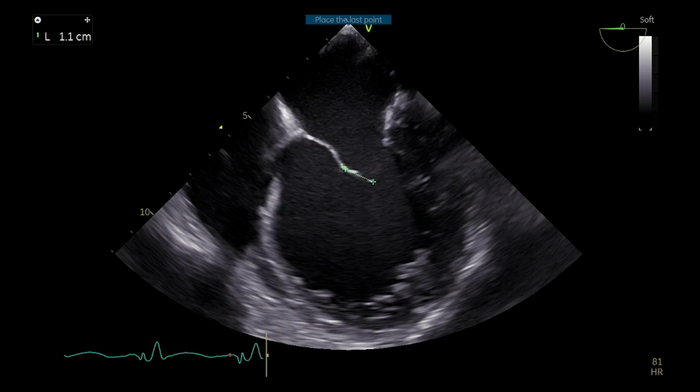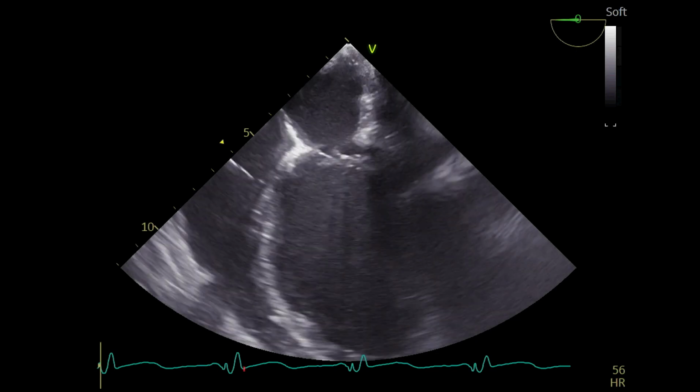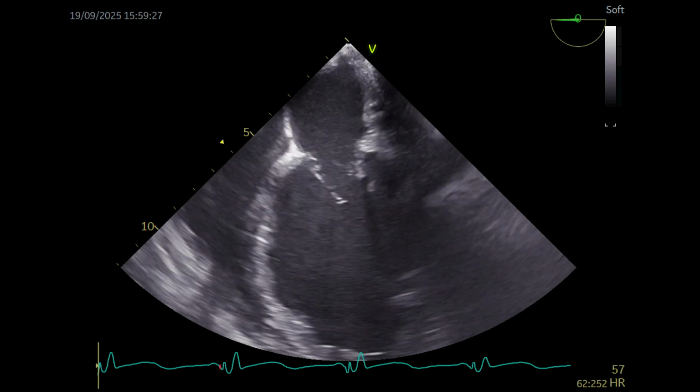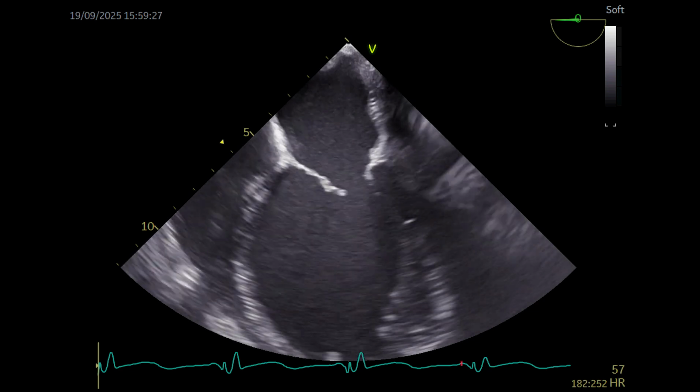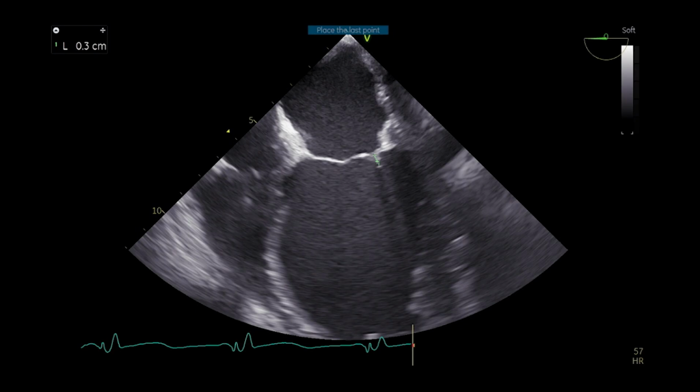We have measured the AML and PML lengths: the AML length is around 11 mm, and the PML length is around 9 mm. You can see the restricted mobility of the PML, and the coaptation length is around 3 mm. That is sufficient for us.